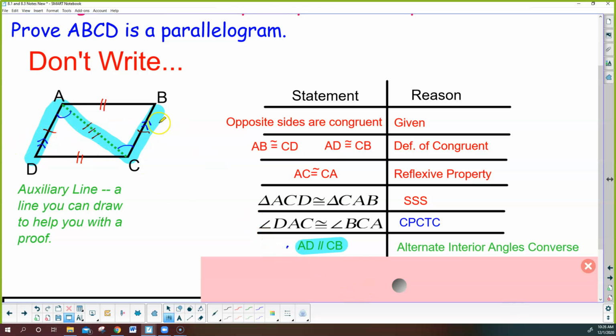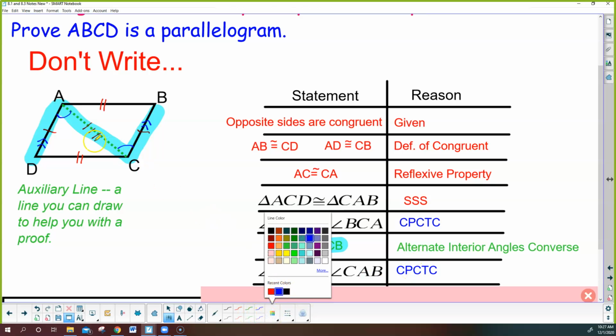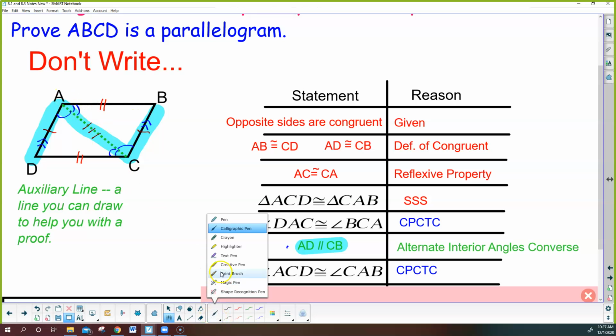So I proved I have one pair of parallel sides. Well, wait a minute. Can't I use CPCTC again and say that the other angles, angle, no, ACD, that would be this angle down here, and CAB would be this angle here. They are congruent.